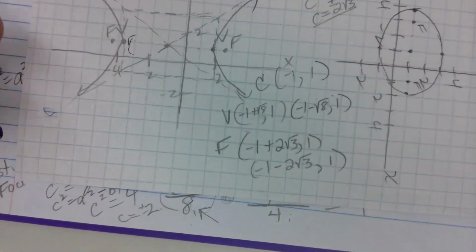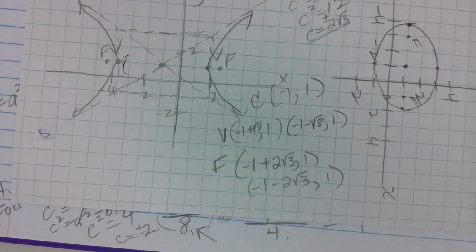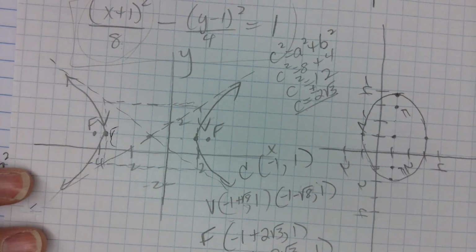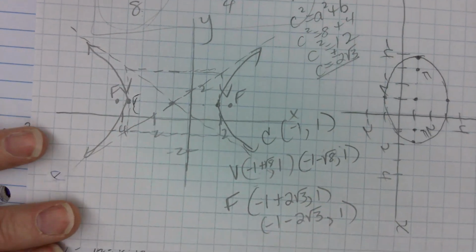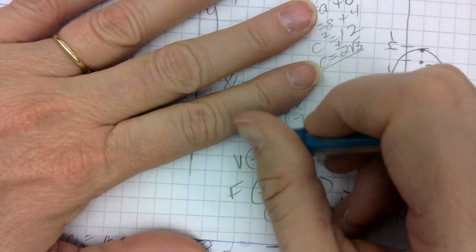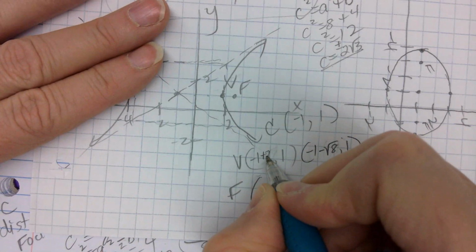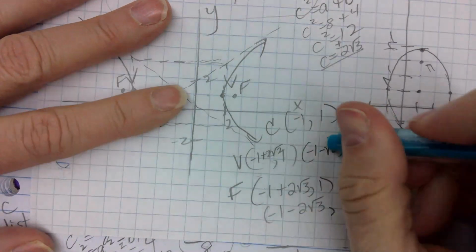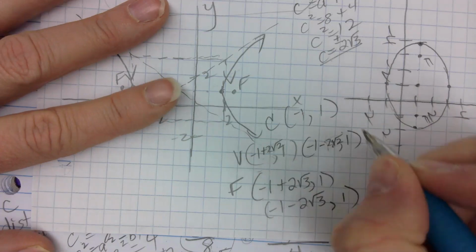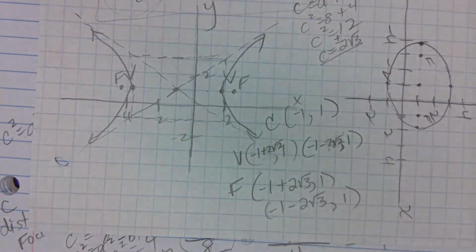Those would be the foci, right? 2 root 3 and root 8. 2 root 3 is the square root of 12, right? Yeah. This would be 2 root 2 if we were making it nicer. For a second, I was thinking the same thing.